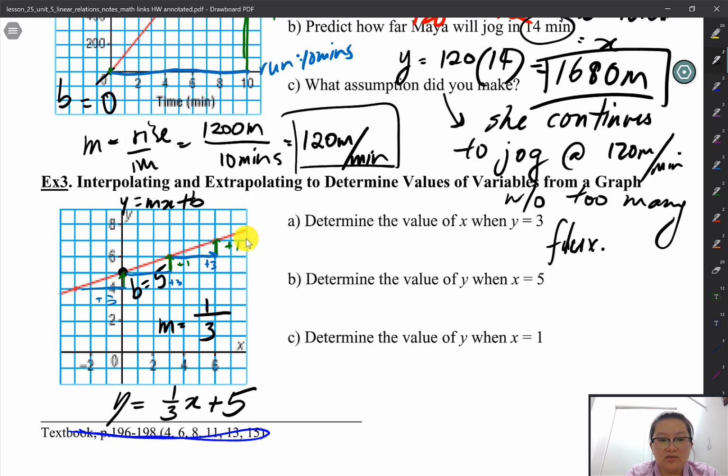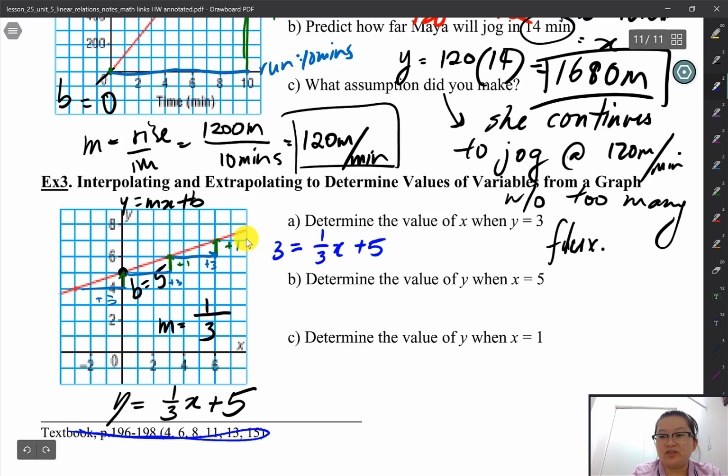Using this equation, we can determine the value of x when y is equal to 3. Now, this one is tricky if you had to extend the line, but with the y-intercept, it might be a little bit easier. So let's plug 3 into our equation. We get 3 is equal to 1 over 3 x plus 5.